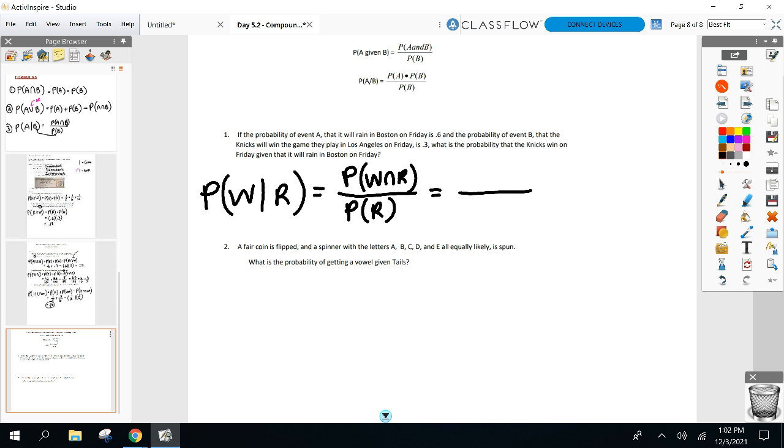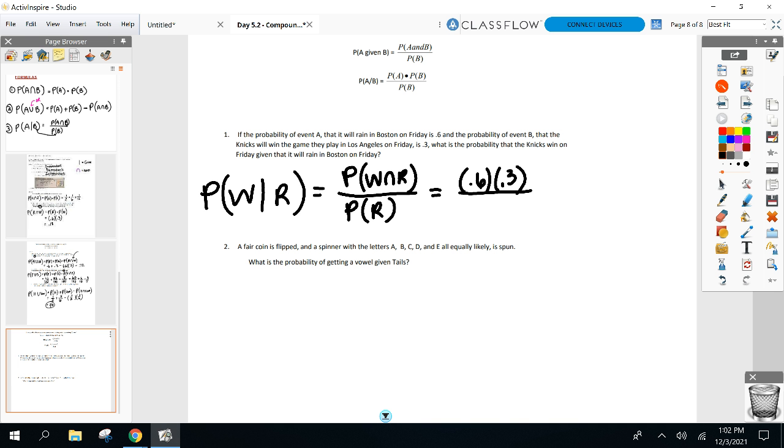I get it. We already know the answer to the numerator because we did it in the first problem. We've been using that number over and over. But let's just say this is a fresh one. How do you find the probability of W and R? W times R, which would be 0.6 times 0.3, if we were doing this fresh.